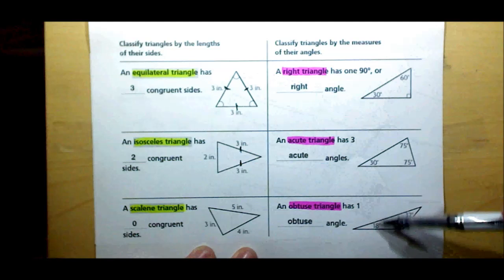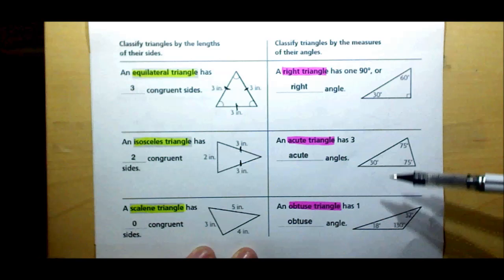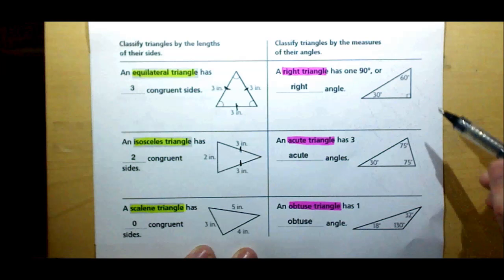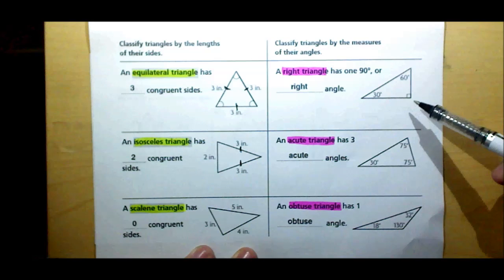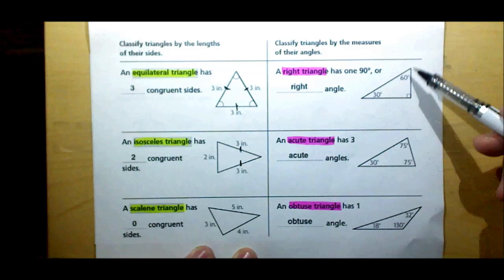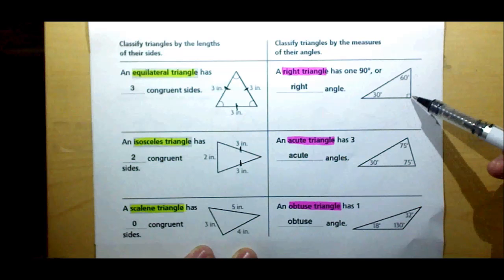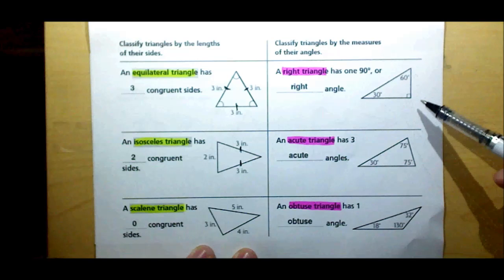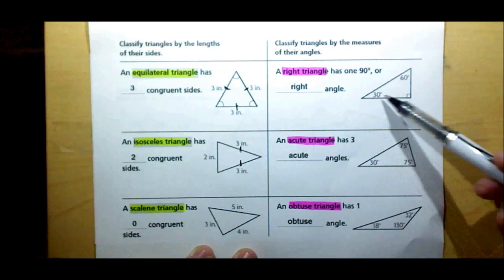Now, here's how you classify them by their angles. If one of the angles in the triangle is a right angle, which is a 90-degree angle, a perfect corner like this with this little box, which means 90 degrees, then that's a right triangle. It doesn't matter what the other two are.